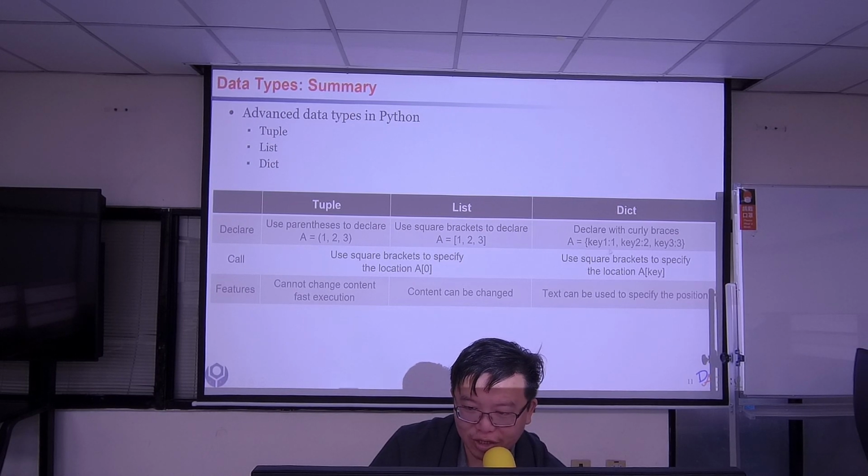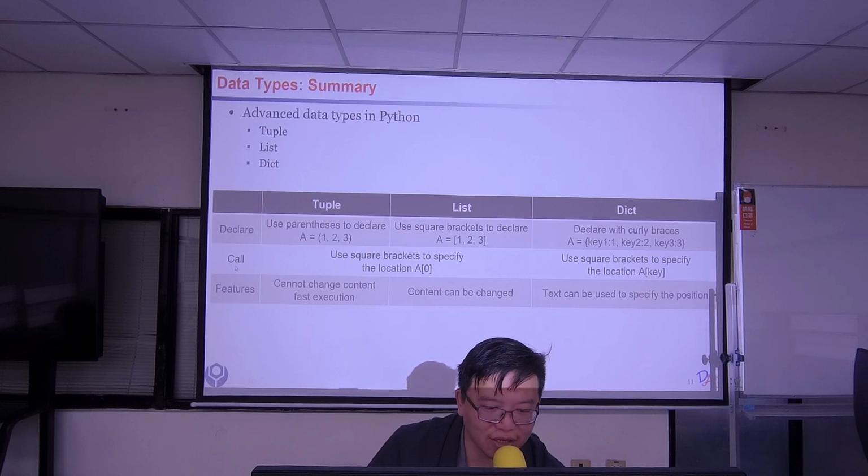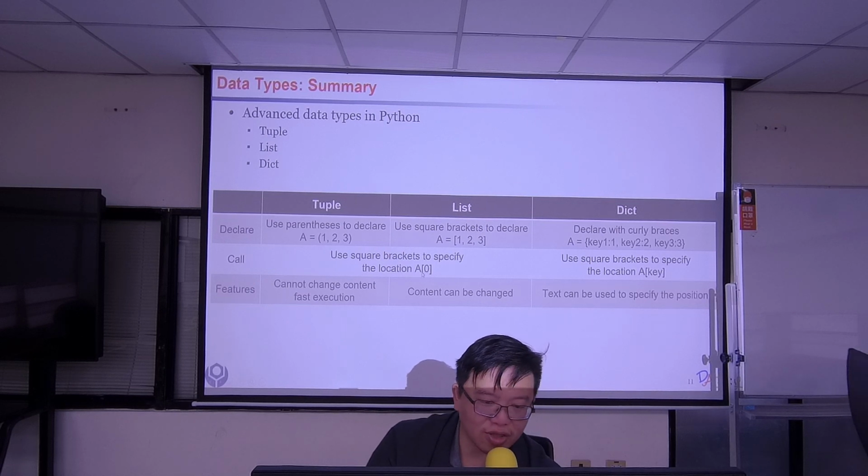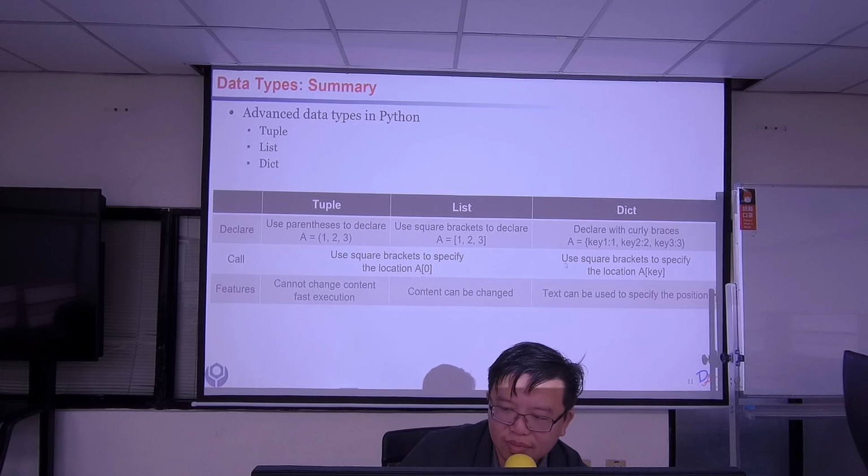I always forget the name, but the curly brackets, right? And for dictionary, you need to specify the key, colon, and the value, with commas to separate. When you try to get the content inside, you use the variable name and the square bracket, and then the index. Start the index with 0.